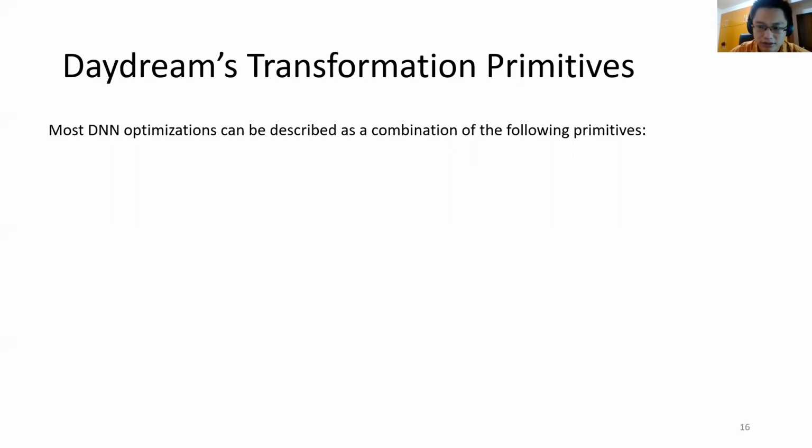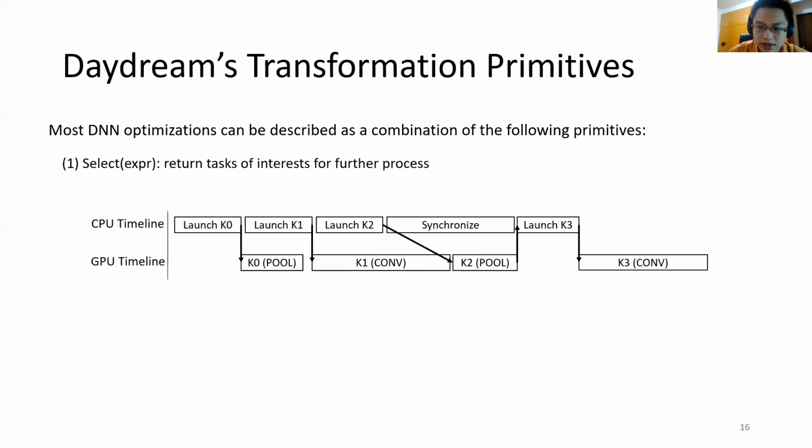The first one is the selection primitive. A DNN optimization could affect a lot of nodes in the dependency graph, and the user can use this primitive to get all the nodes of interest for further processing.